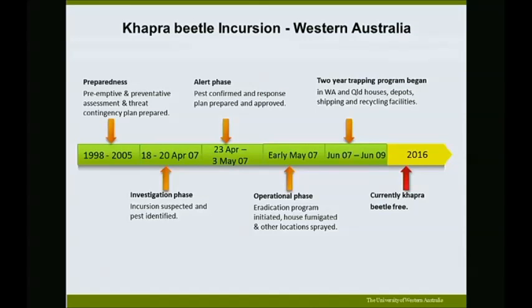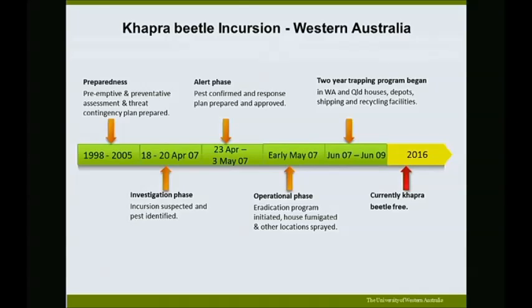So this is a timeline for what happens. Before these pests come in, there's an emergency plan, so that State Department officers know pretty well what to do, and then they engage in an information gathering stage once an incursion has arrived. And this was actually quite a short period, like 2 days. They then confirmed and developed a response plan.